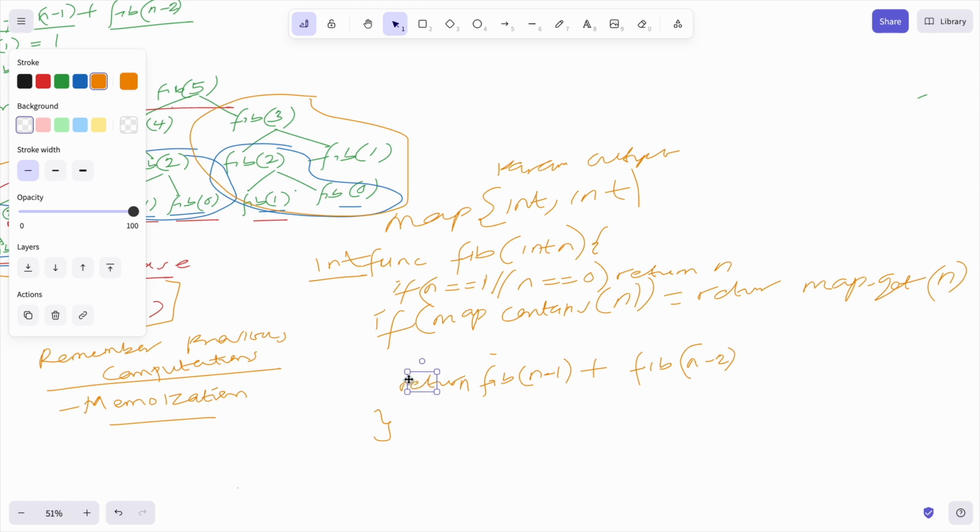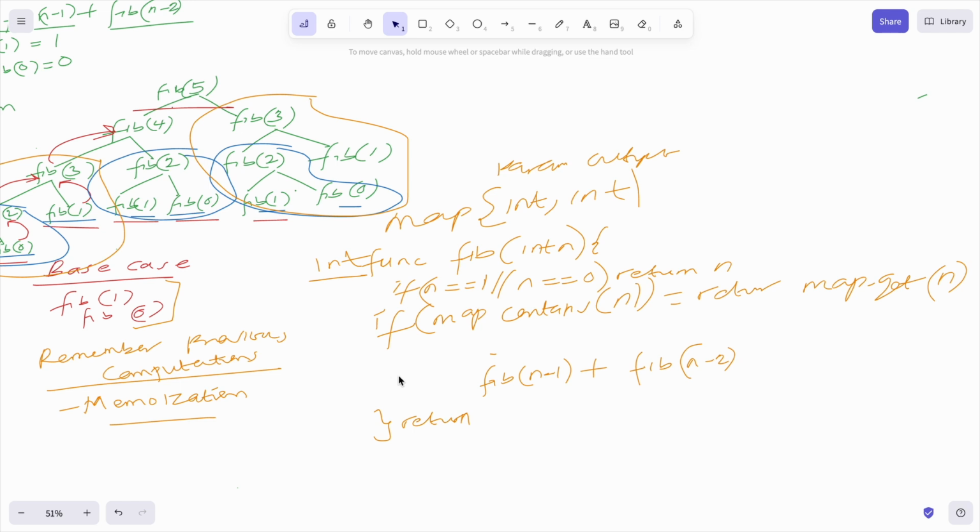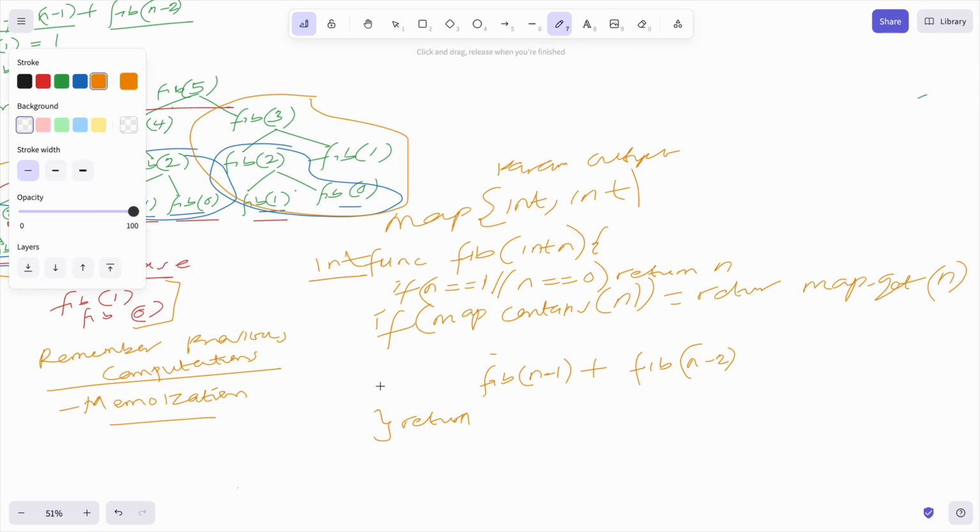So instead of returning this now, we need to evaluate this and store it inside a variable. We can say int value. The value will be this plus this. I think I need to shift this a little bit further down.